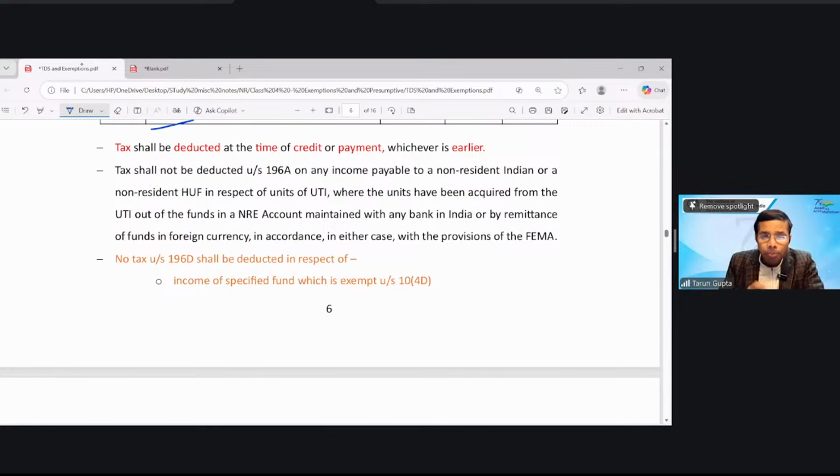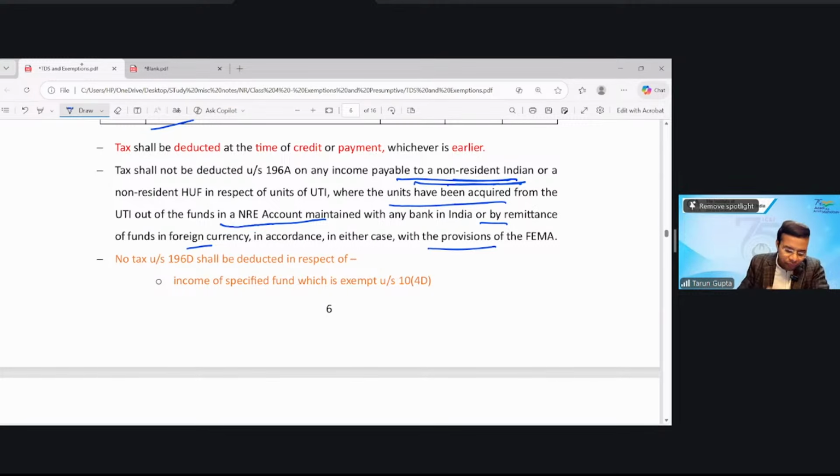Tax shall be deducted at the time of credit or payment, whichever is earlier. In case of units of mutual fund, 196A says that tax shall not be deducted on any income payable to a non-resident Indian or non-resident HUF in respect of units of UTI which were acquired from the UTI itself in an NRE account maintained with any bank in India or by remitting foreign currency in accordance with the provisions of FEMA.